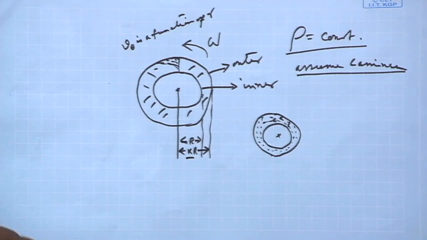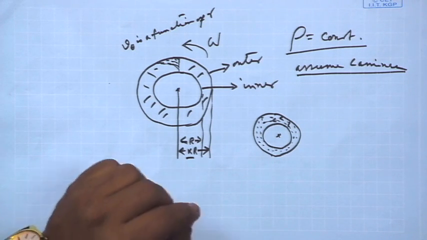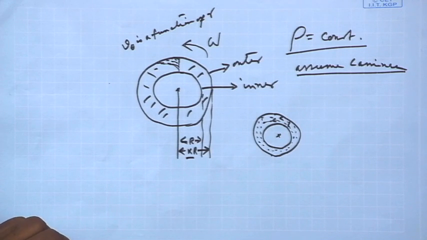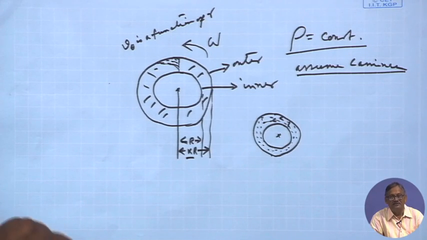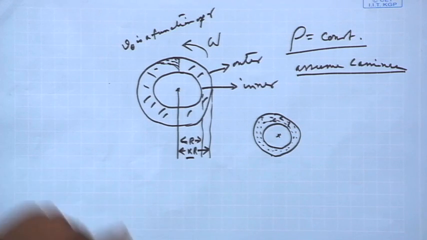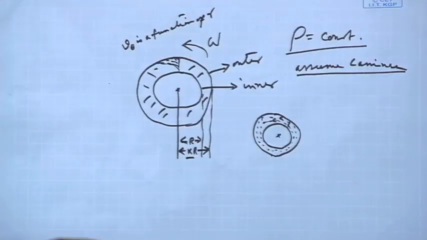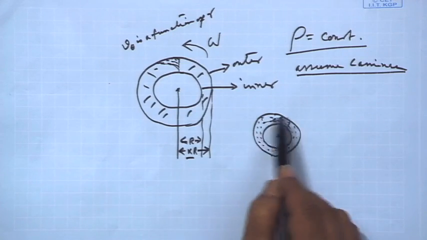If we assume the flow to be laminar, we assume the density of the fluid is constant. Then there is no mutual interaction between one layer and the other. They are just moving freely, and we have depicted it like this.